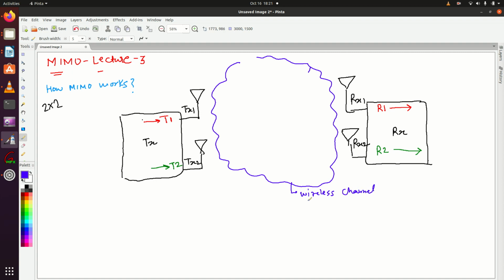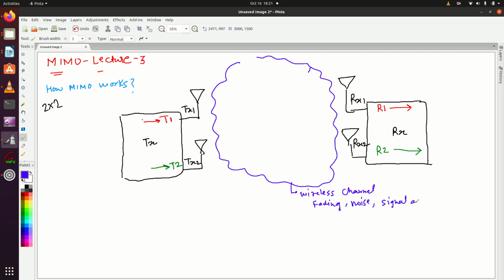Wireless channel means there is fading, right? Between these two units there would be some buildings, vehicles, trees, which will distort or change the path of signals. Fading will be there, noise will be there, due to which some signal attenuation will be there.